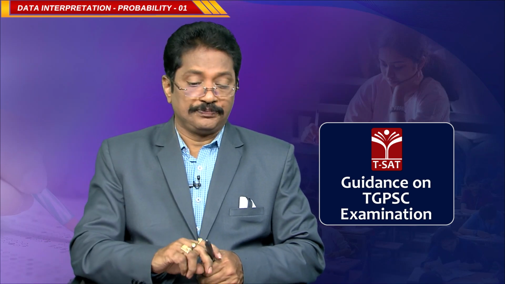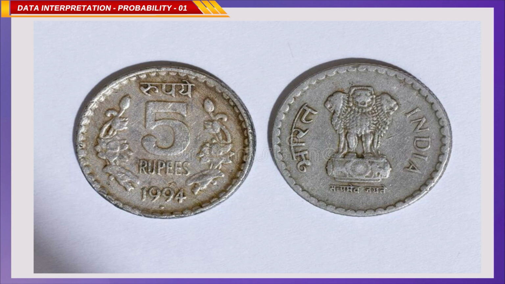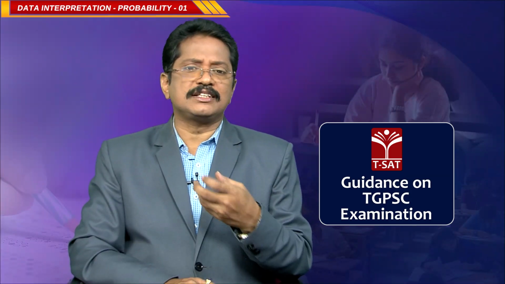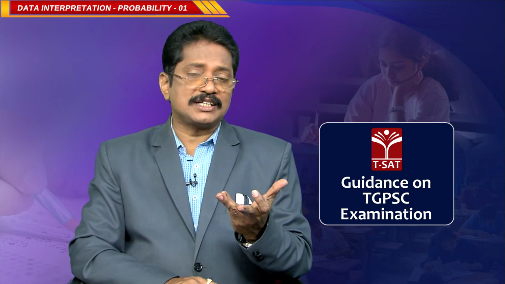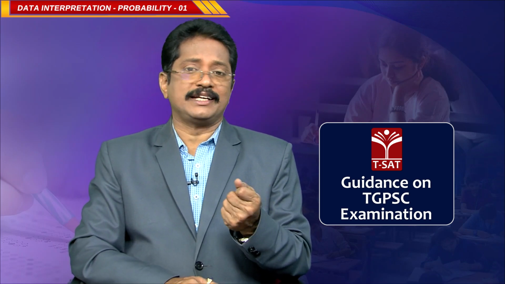Now, tossing a coin is one of the random experiments; rolling a die and picking a card are the other two. Mostly these three things are used in probability. Now we are seeing a 5 rupee coin.